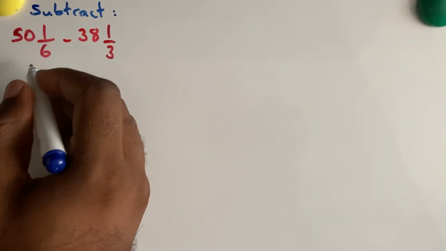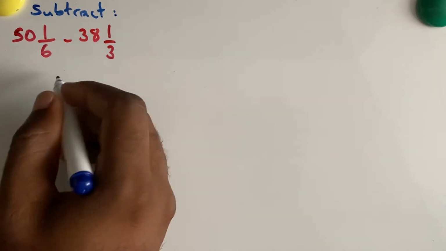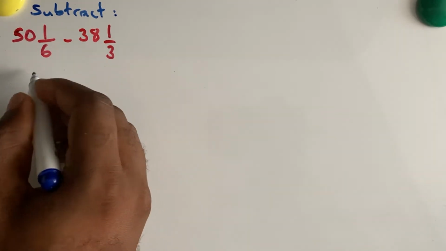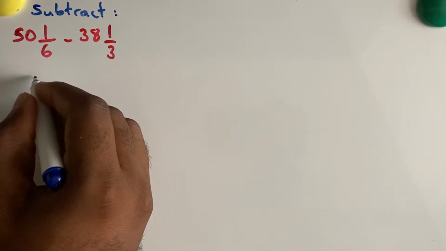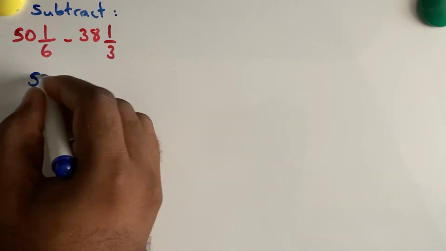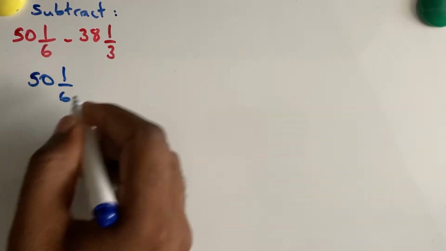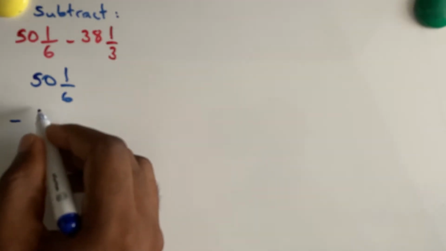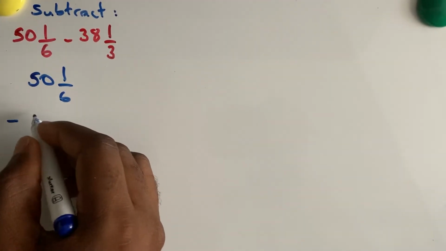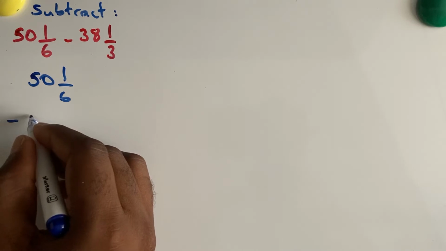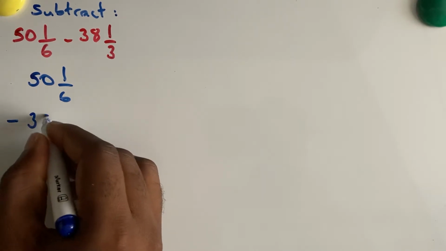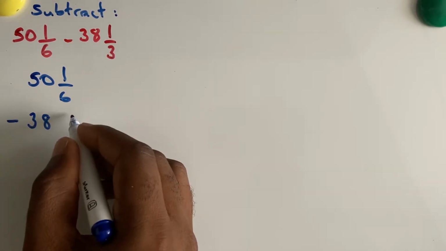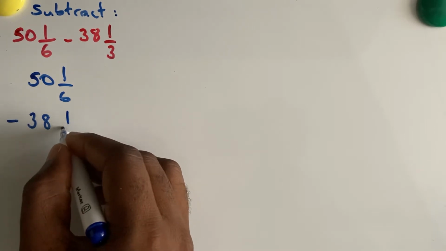One way you can subtract this is by rewriting it as 5 1 over 6 minus 3 1 over 3.